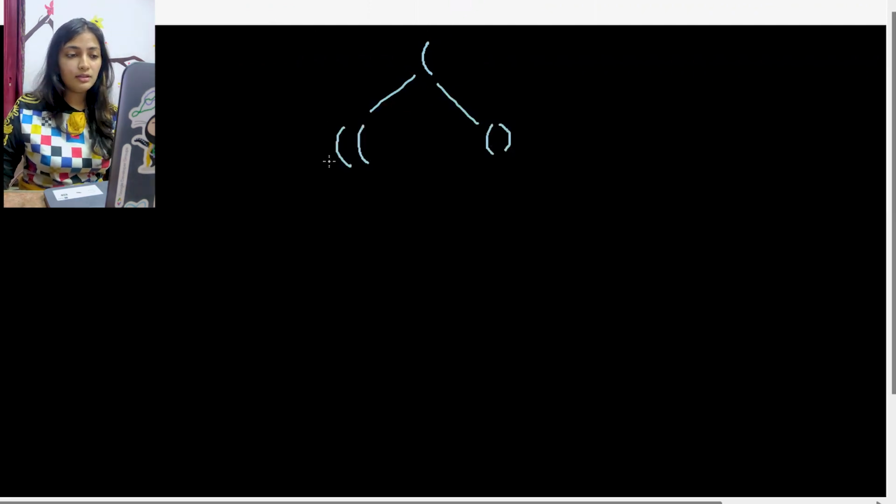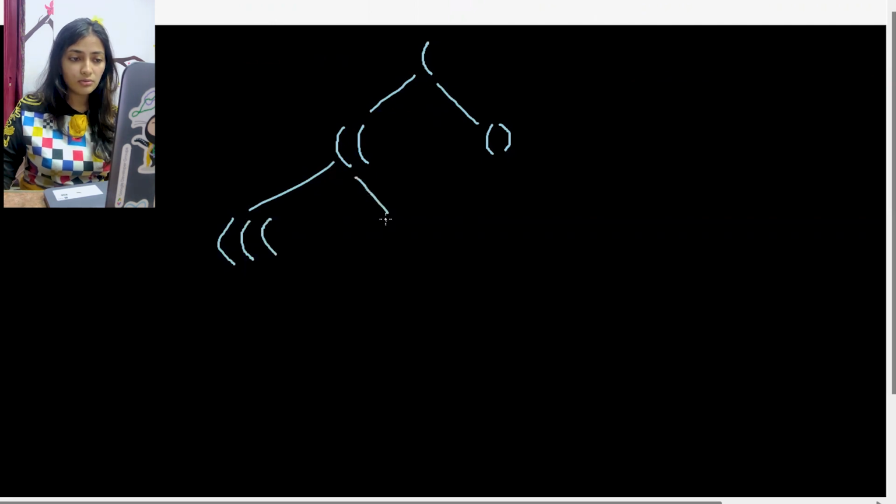You can have another opening bracket or you can have a closing bracket. Now here you have 2 possibilities. You can either have another closing bracket or you can open another bracket here. And now in this your only option is to have an open bracket.